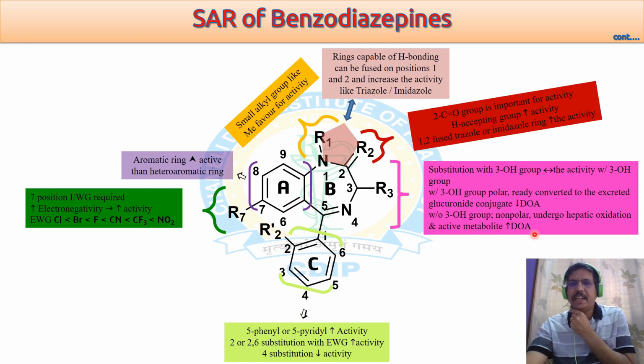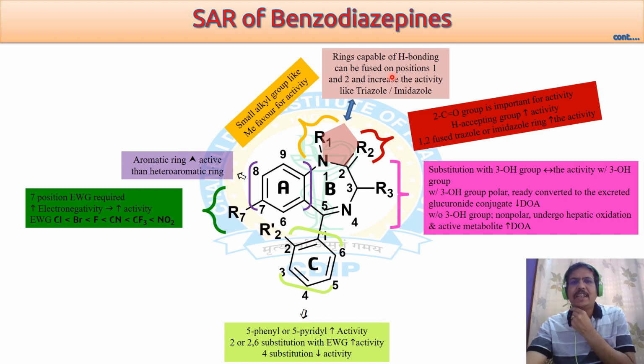If you look at R2, the oxo group is much more important to retain the activity, but a hydrogen acceptor group also increases the activity. Fusing a triazole or imidazole ring increases the activity. Similarly, ring fusion on this diazepine system is capable of hydrogen bond formation and may increase the activity.